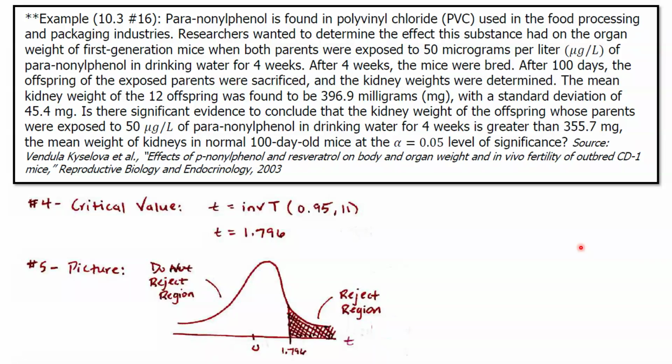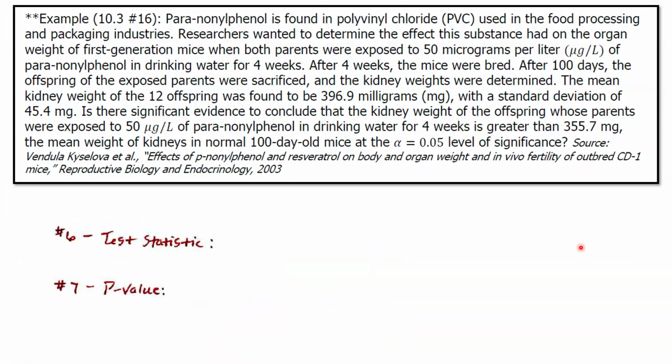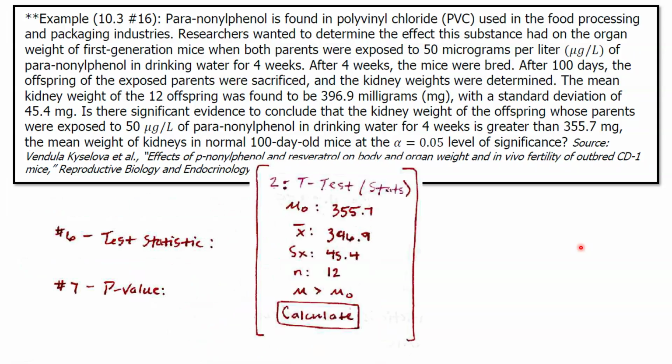Now that we have this, we can use the t-test to determine our test statistic and our p-value. So in the test statistic, we will select stats in our calculator. Mu naught is going to be 355.7. X bar, which is the mean, is 396.9. That was given to us in the problem.